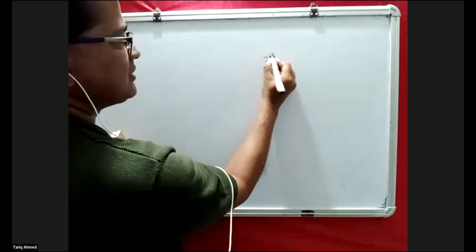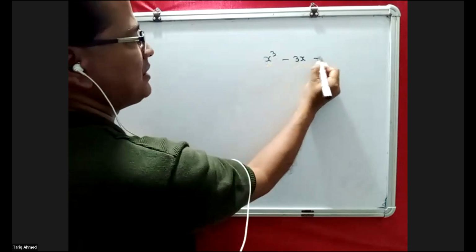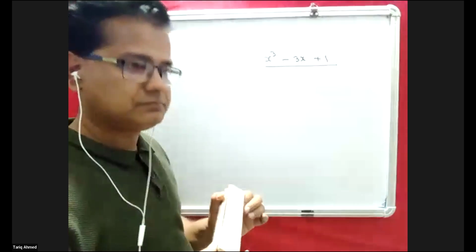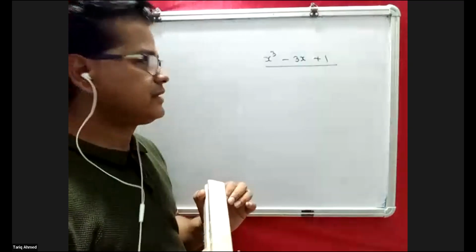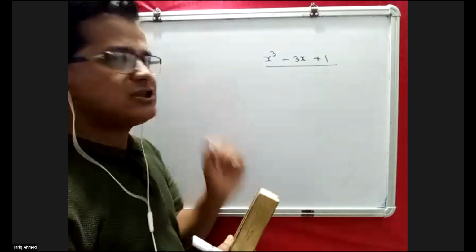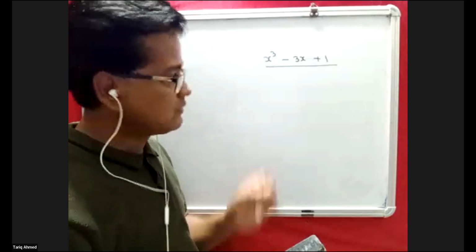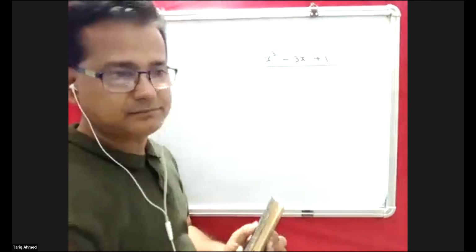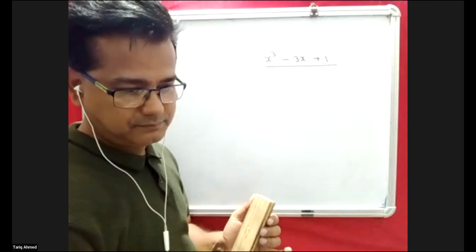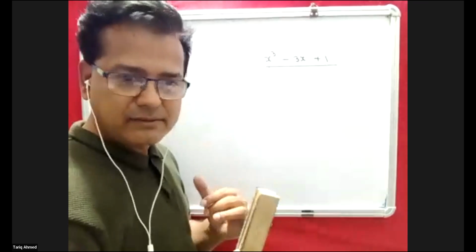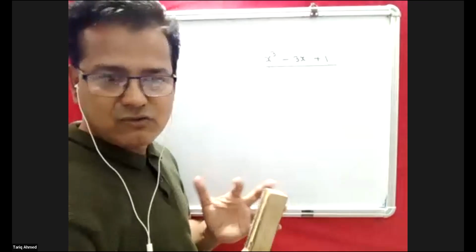So x cube minus 3x plus 1. Is it a polynomial? Yes, sir. And how many zeros will you get for this polynomial? I explained that for a linear polynomial you will get 1 zero, for quadratic you will get 2.